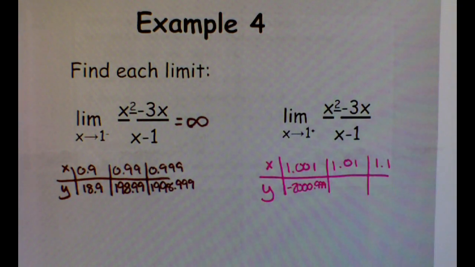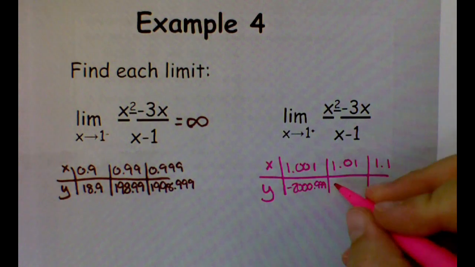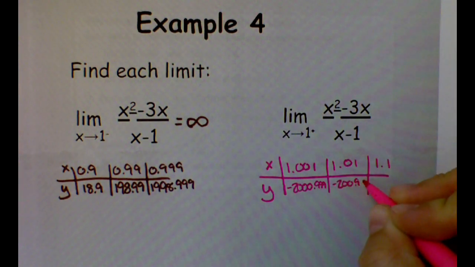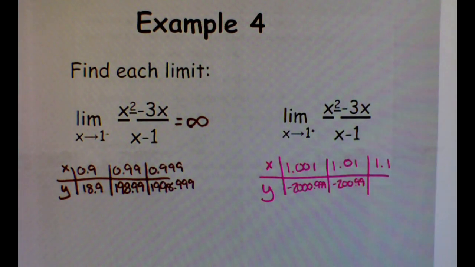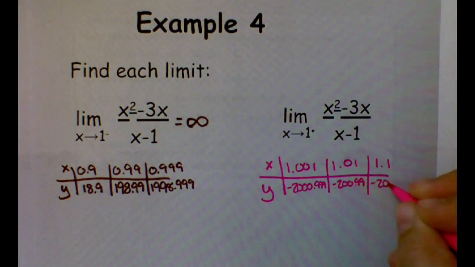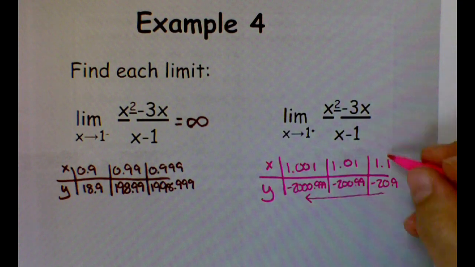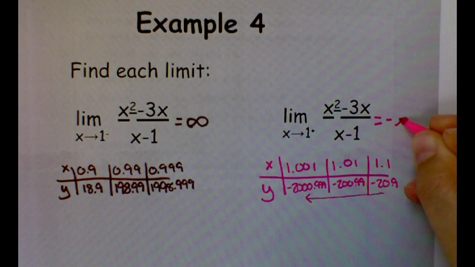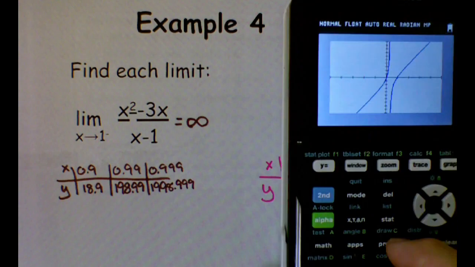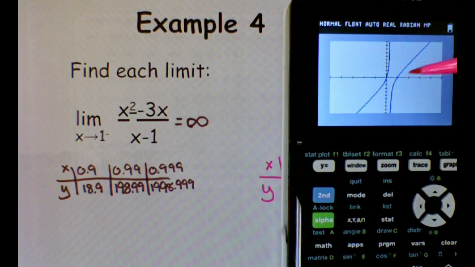If I plug in 1.01, I get -200.99. And if I plug in 1.1, I get -20.9. As we're going this way towards 1, they're getting very, very large and very, very negative, so it equals -infinity. That is supported by my graph also. Coming in from the right, it is going down, down, down.